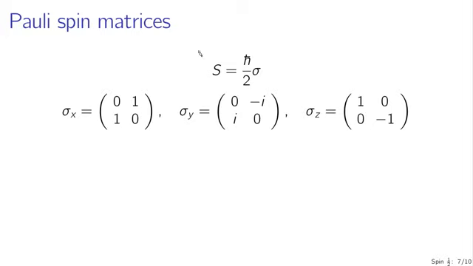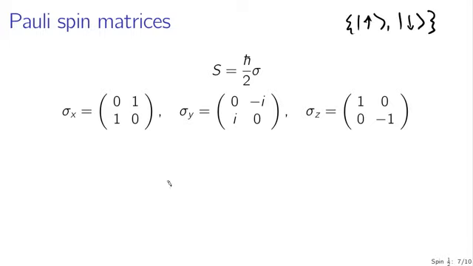But while notationally speaking this is a rather complicated expression, all we've really done is pull the h bar over 2 out of our expressions for the Sx, Sy, and Sz operators, defining them as lowercase sigma x, sigma y, and sigma z operators, or matrices in this case, since we're working in the basis of the up and down Sz eigenstates.